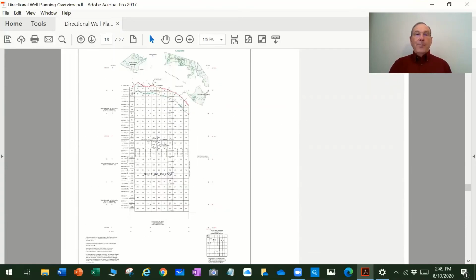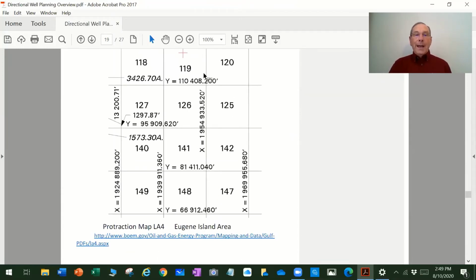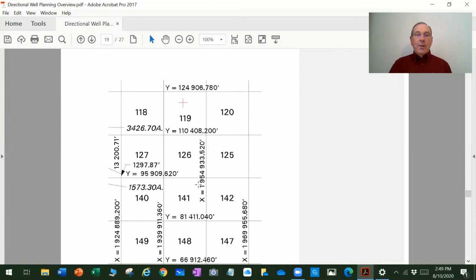If I blow up this map and only take these 4 blocks, here are our Y and our X values for blocks 126, 141, and 140. All of our project, either surface locations or targets, are located within these 3 blocks.